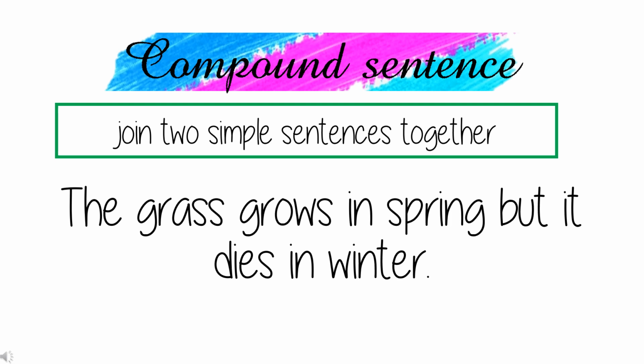The second type of sentence is a compound sentence. And the compound sentence joins two simple sentences together. "Grass grows in spring, but it dies in winter." "It dies in winter" is a simple sentence, and "grass grows in spring" is a simple sentence. And we join those with a connector called a conjunction.